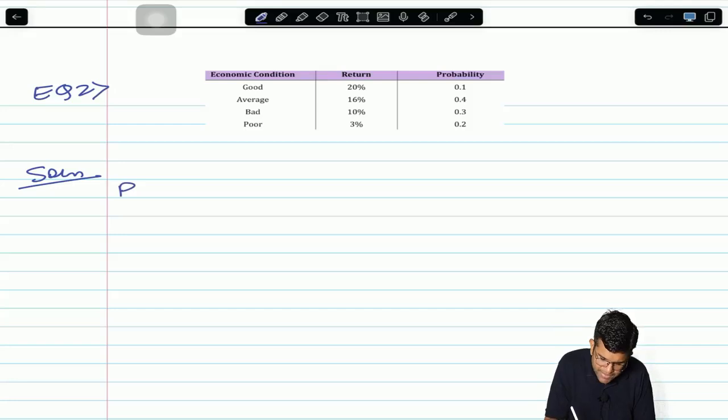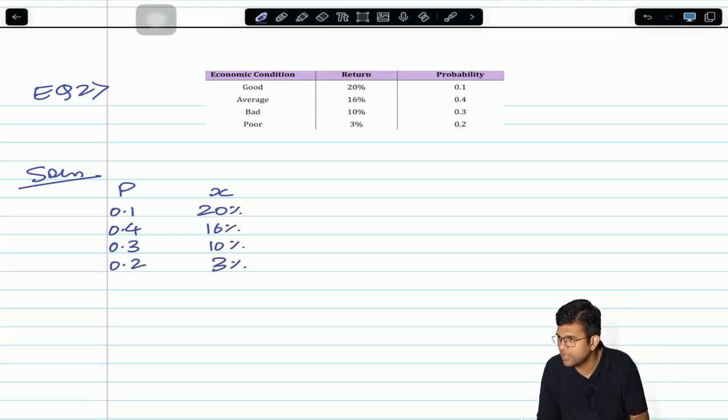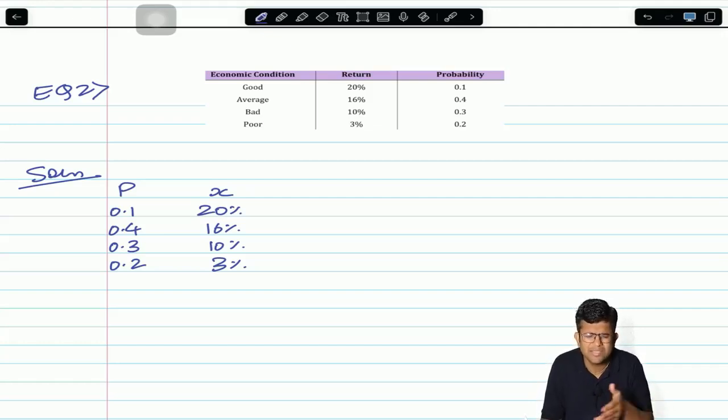There is P and then there is X. There is a 10% chance return will be 20. There is a 40% chance return will be 16. There is a 30% chance return will be 10. There is a 20% chance return will be 3. Are you all there? I want to know on an average how much this share will give.